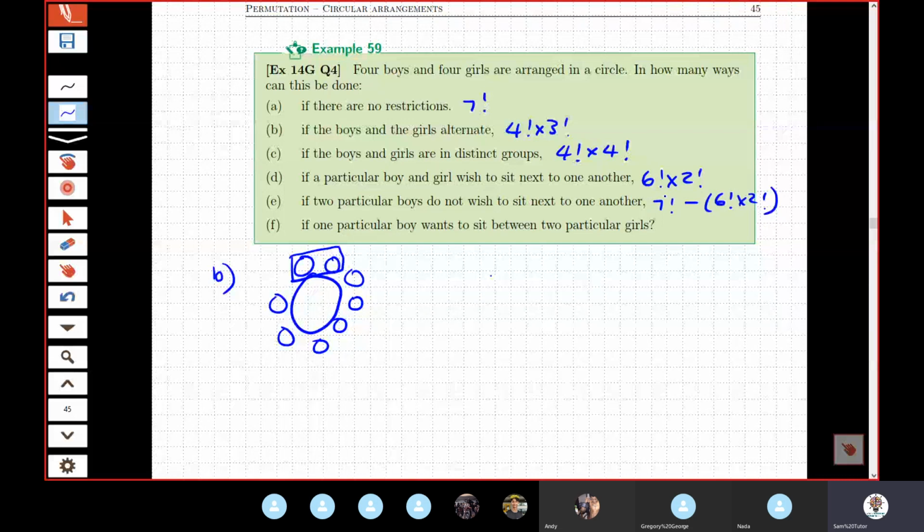If one particular boy wants to sit between two particular girls, let's go again.